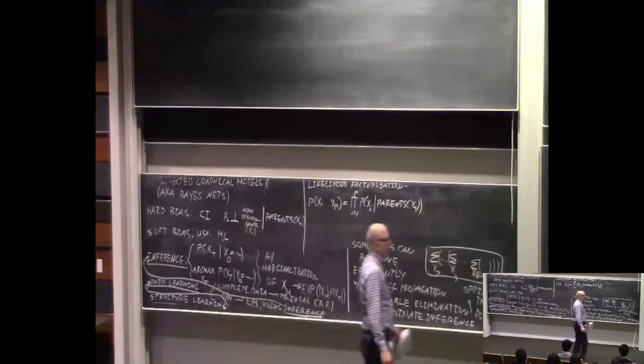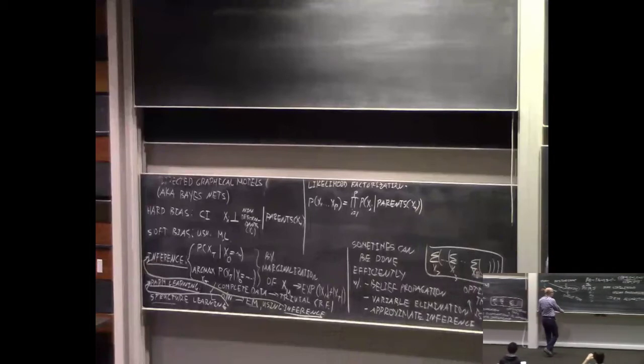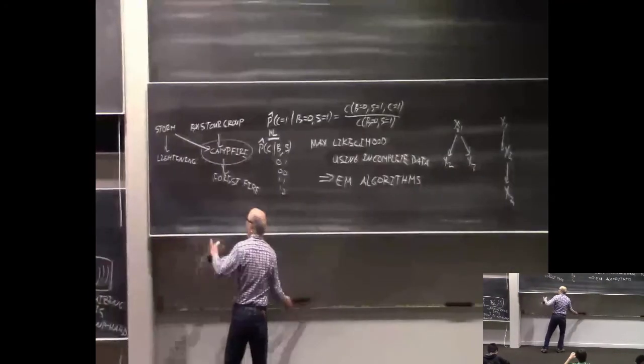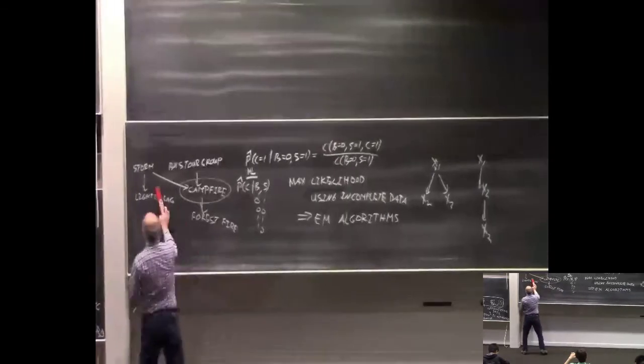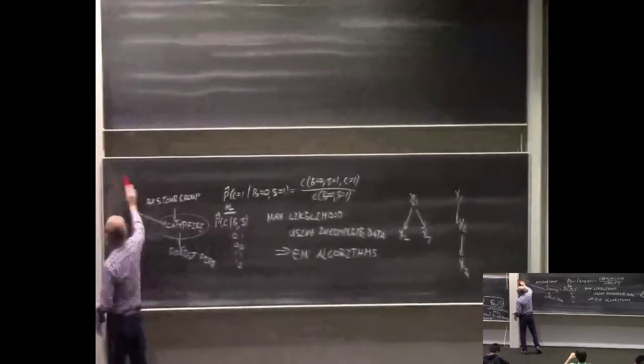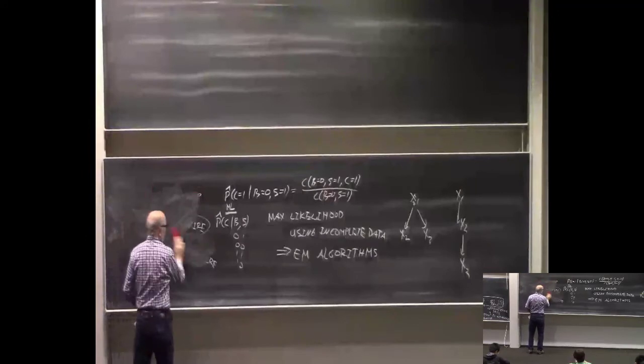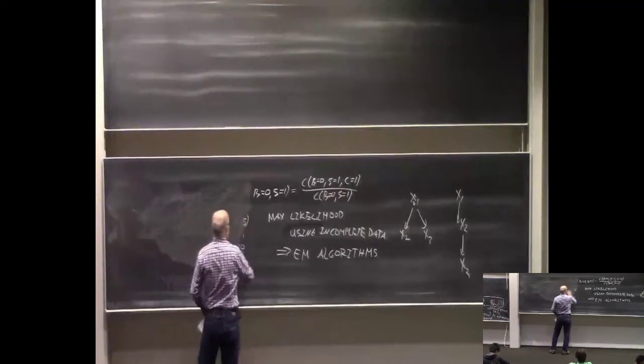Now let us move to undirected graphical models. Just like directed graphical models have a brand name, undirected graphical models have a name. They're called Markov random fields, or MRFs.